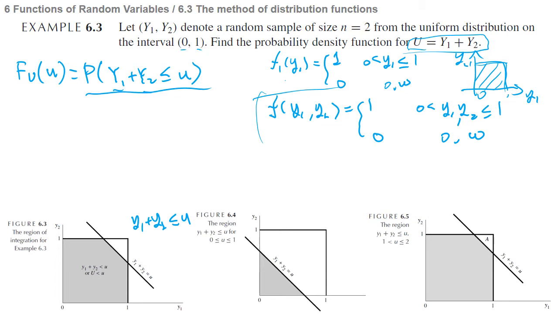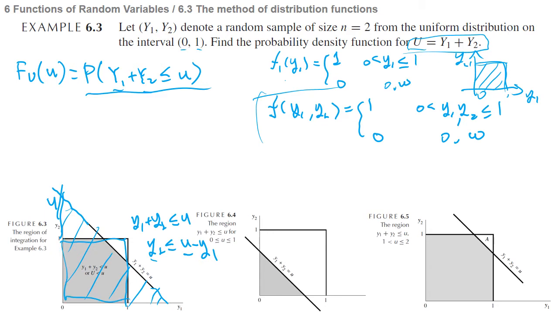y1 plus y2 is less than or equal to u, which means y2 is less than or equal to u minus y1. So here's u, and y2 is less than or equal to u minus y1. This is a triangular region, and the density is defined on this rectangular region.